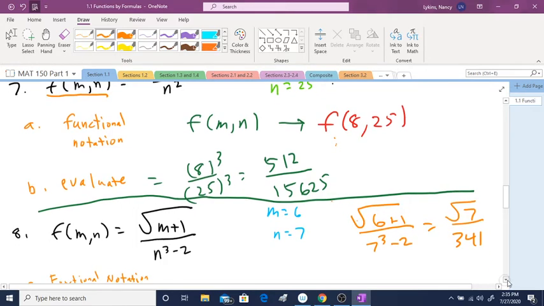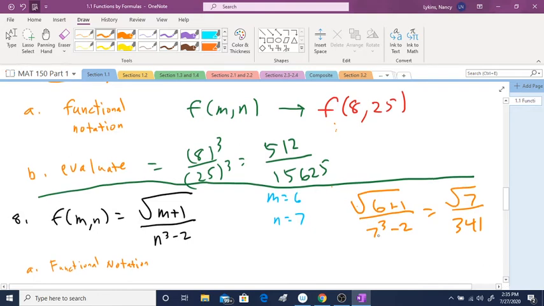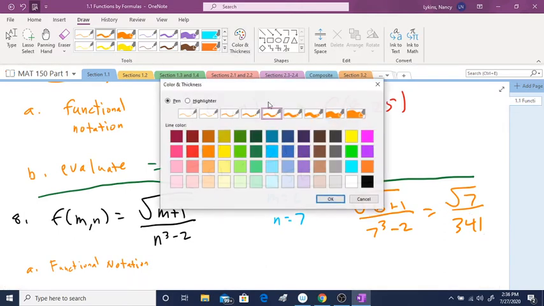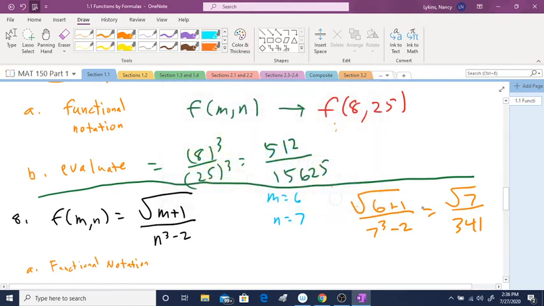Now this is, if I don't ask you to put it in decimal form, you can leave it at this. But if you want to evaluate it, what I would do is I always like putting the denominators in parentheses.